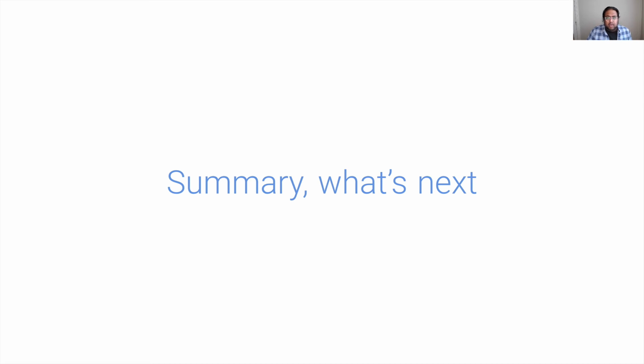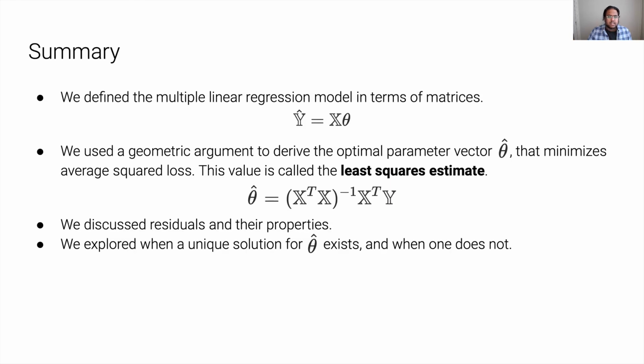Let's quickly summarize all of the ideas we've talked about today and provide a roadmap of what we're going to study next. So we defined the multiple linear regression model in terms of a matrix vector multiplication. Our prediction vector, or predicted response vector, y hat, is the product of our design matrix X and our parameter vector theta.